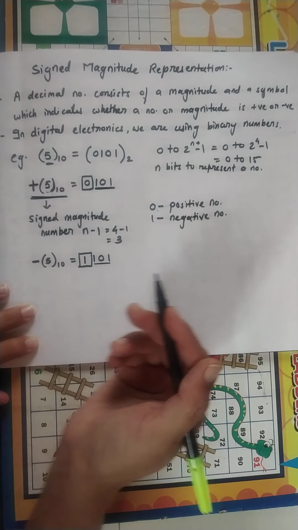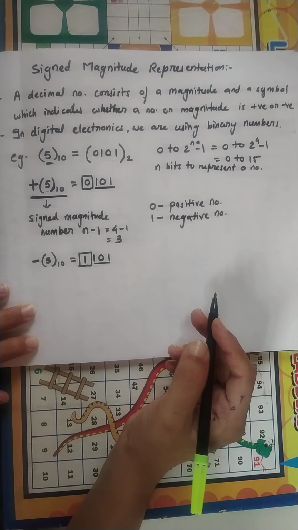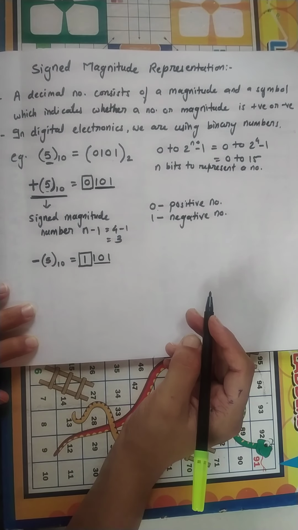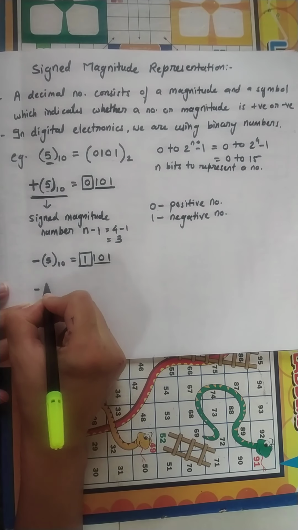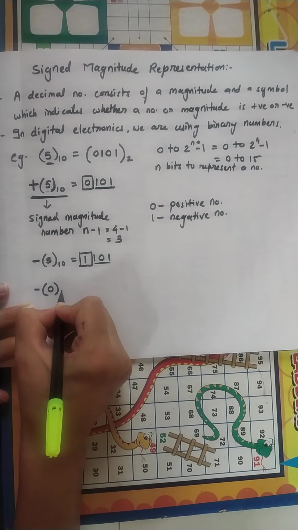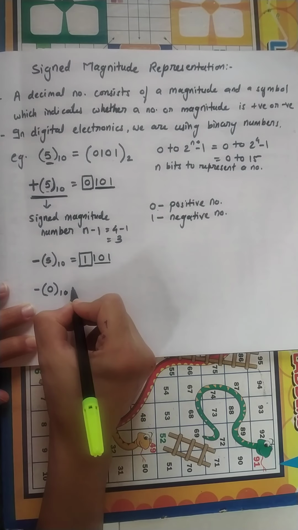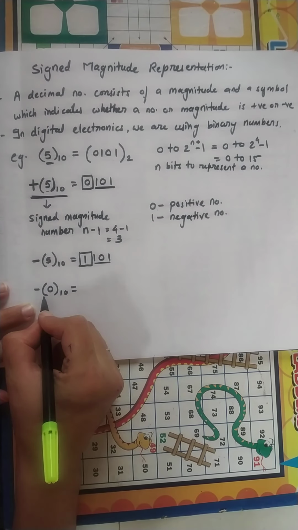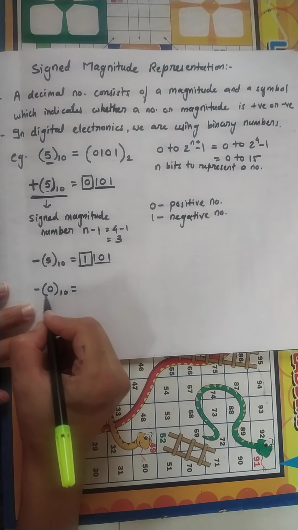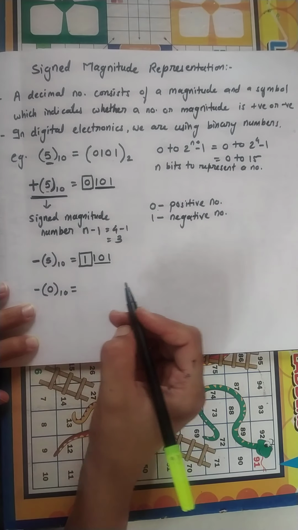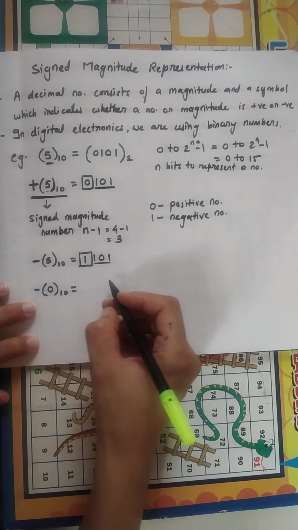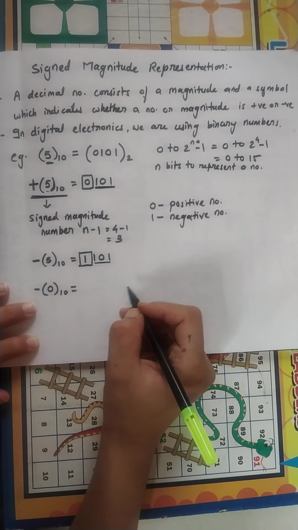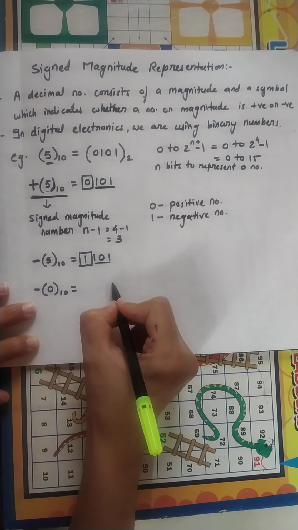We can also use 8 bits to represent a number. For example, if I want to represent 0, this is a decimal number. If I want to represent decimal 0 by using 8 bits, out of those 8 bits I can use only 7 bits for representing 0, right?